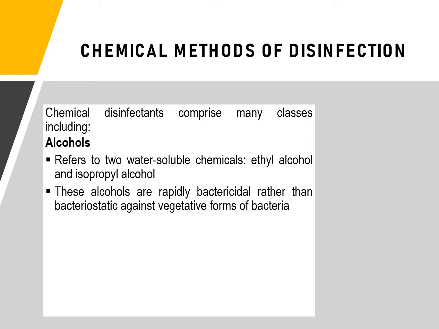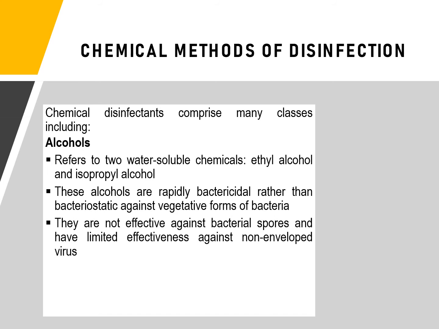The bactericidal activity, however, drops sharply when we dilute our alcohols below 50% concentration. The range of the alcohol is supposed to be 60 to 90% in water, volume per volume, but if you dilute the alcohol below 50%, the bactericidal activity of this solution will be affected.